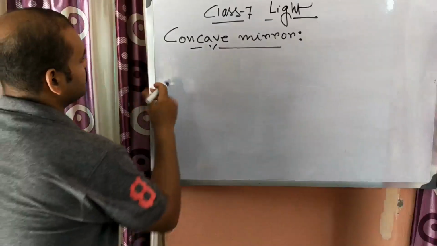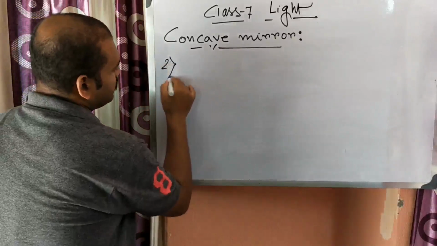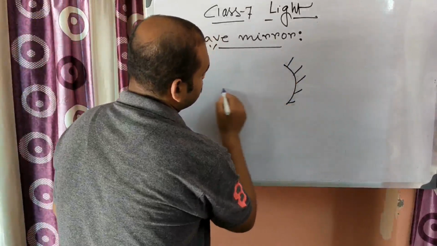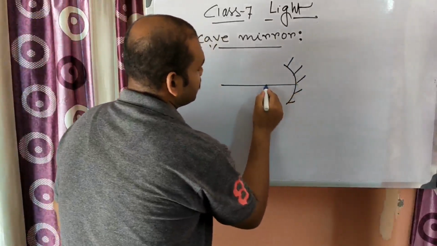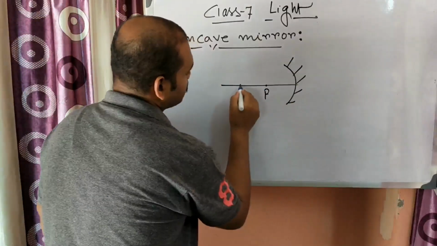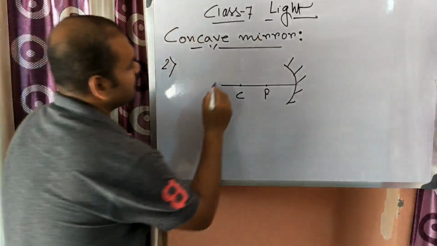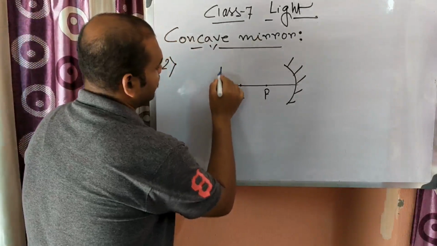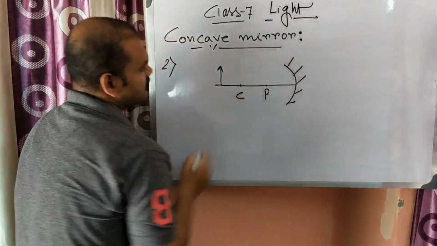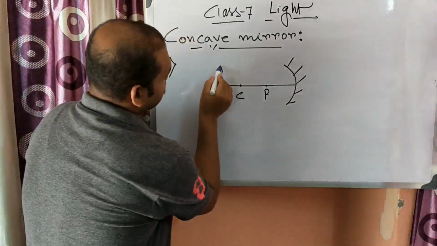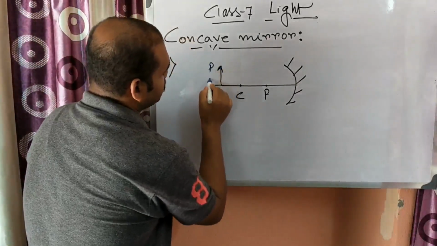So let us see the second position. In second position, this is the focus, this is the center of curvature. Let the object be placed after the center of curvature. Suppose PQ is the object.